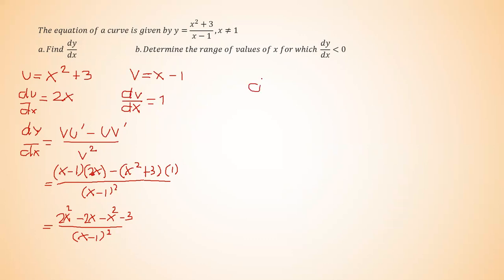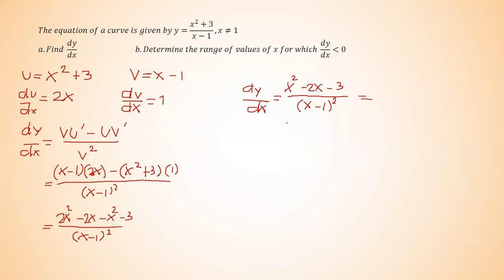Afterwards, dy/dx equals 2x squared minus 1x squared, which is 1x squared, minus 2x minus 3, over (x minus 1) squared.